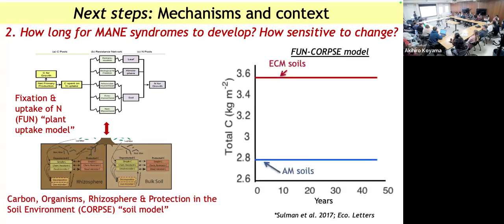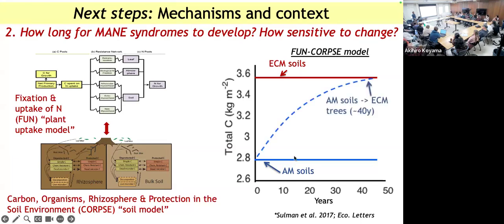We did this really interesting exercise where we said, what happens if we take these ECM and AM soils, cut down the trees, and grow up the opposite type of trees in that forest? So here's your total carbon. It's ECM dominated. This is just the surface of the soil. Here it's dominated by AM. If you take your AM soils and just replant them, this is just an experiment in the model, and you run it out for 30, 50 years, after about 40 years or so of only planting ECM trees, you get the ECM phenotype, right?